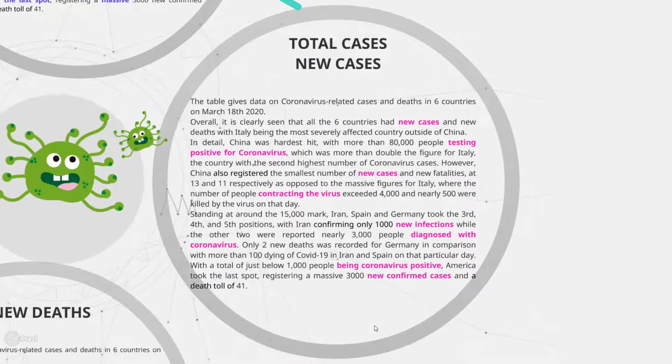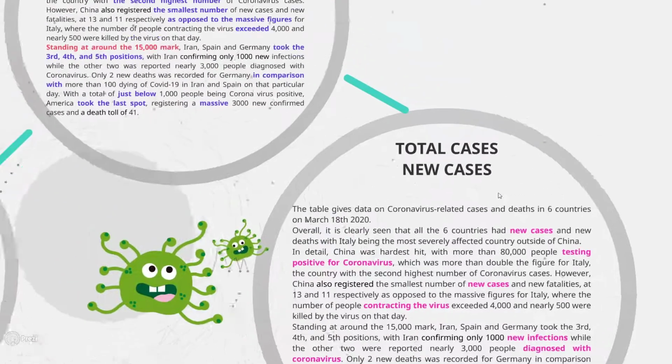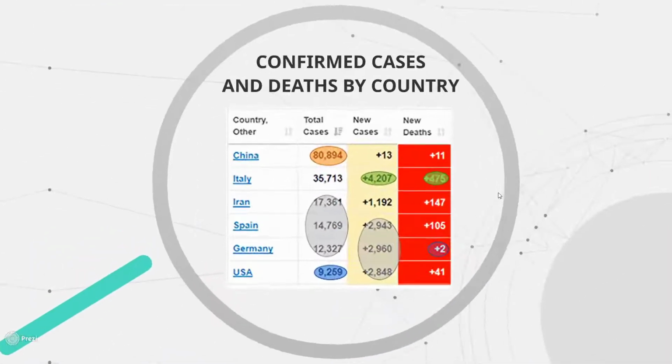Now let's move on to another point in this tutorial. So first let's have a look at the table. You see, 6 countries are different, but they have somehow similar data about total cases, new deaths.